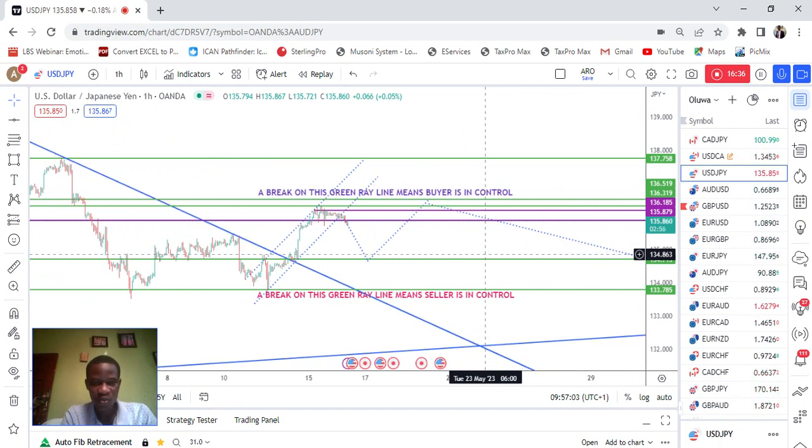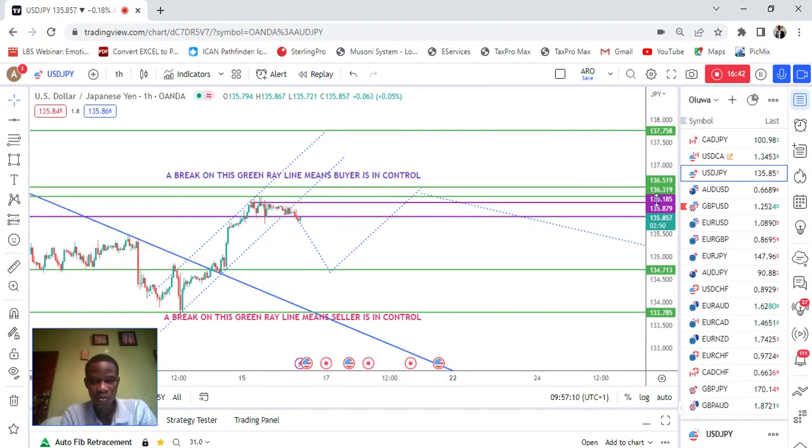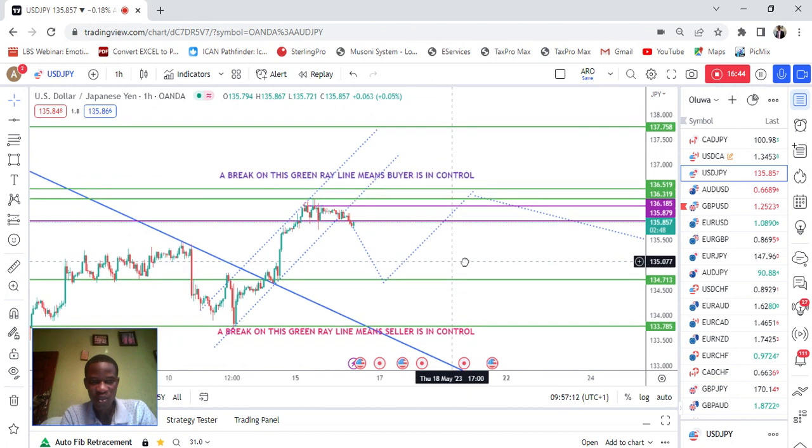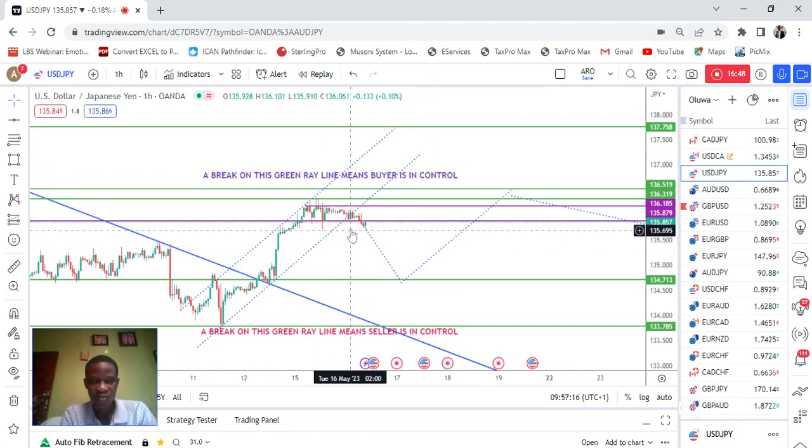You can see from this USD JPY, we draw some diagram here. This is where we are expecting that the buyer is in control from this area.